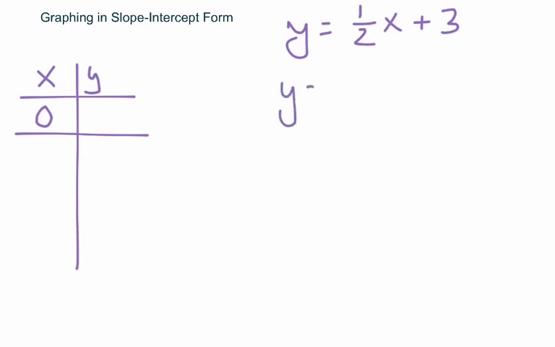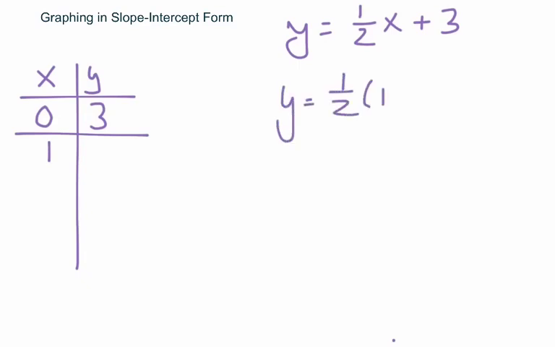If I pick 0 here, you'll notice that 1/2 times 0 is 0, and I'll be left with 3. Now, this is one of those problems where you can pick anything you want. So I'll go ahead and pick a 1 over here.